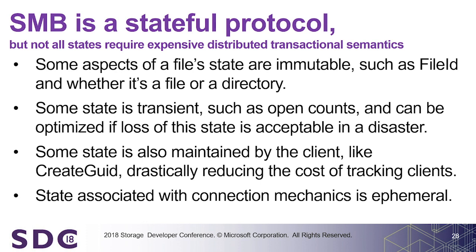With persistent handles, some of the state is maintained by the client, which is extremely helpful. There's a create GUID that is passed in whenever you open a persistent handle. And when it reconnects, it passes us the same create GUID. And that allows us to detect replays easily. Because by having different physical nodes for our front-end nodes and our back-end nodes, there's always this possibility that the back-end node did successfully open the file, but the message never got back to the client before a disconnect happened, which means the client is going to try and reopen that same file handle again.